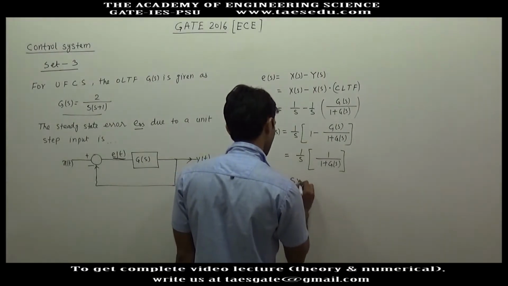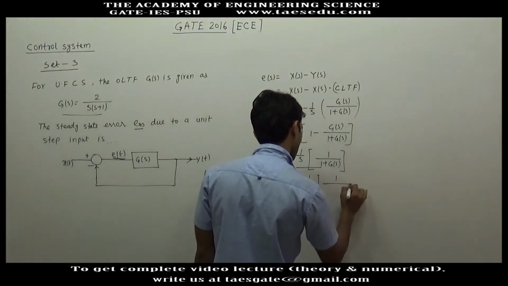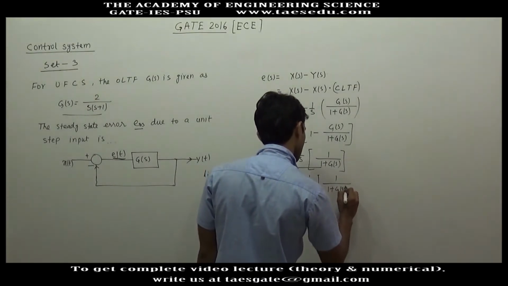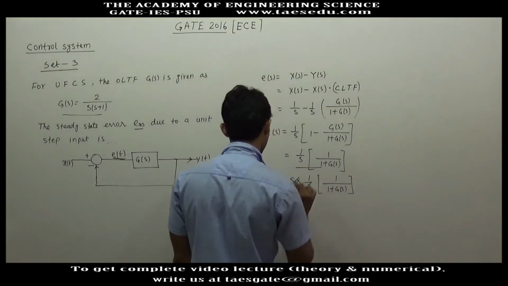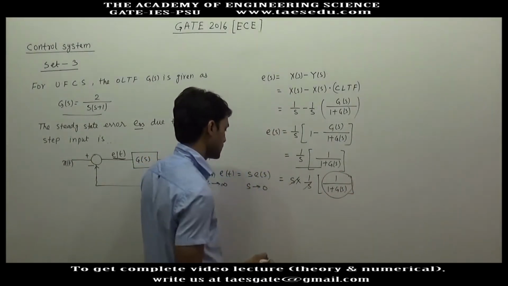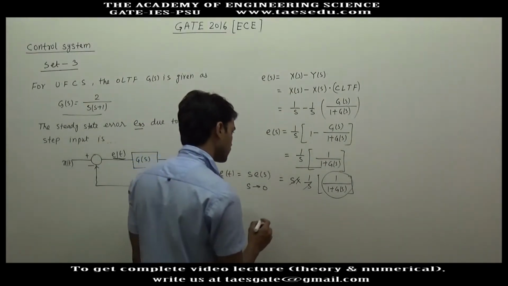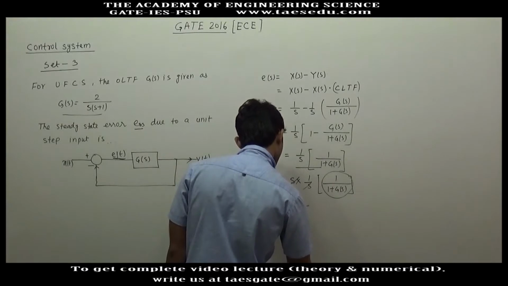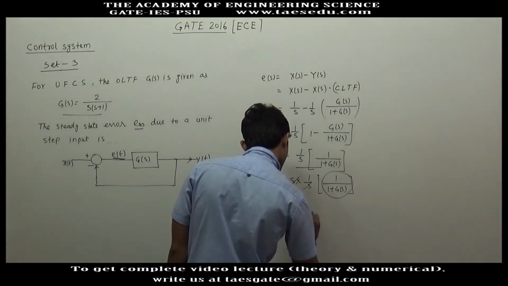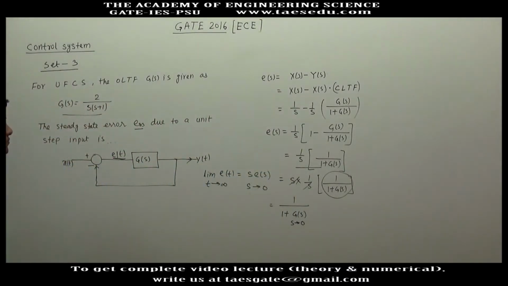So S into E(S) is 1 upon 1 plus G(S). So S will be cancelled. So basically we have to find out 1 divided by 1 plus G(S) when S tends to 0. In G(S) we need to put S tends to 0.